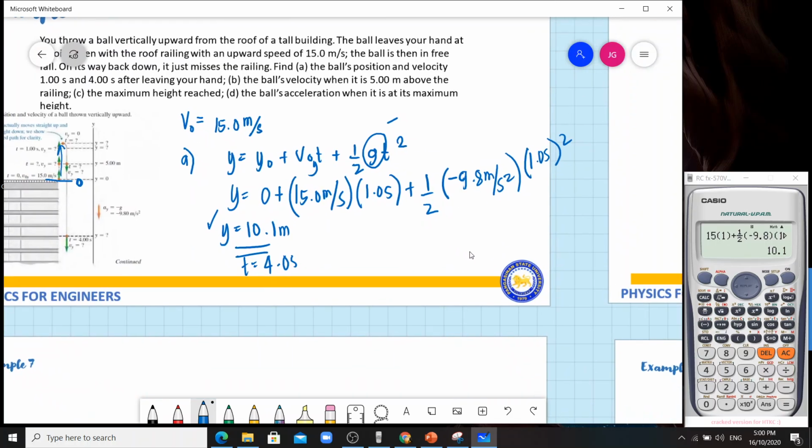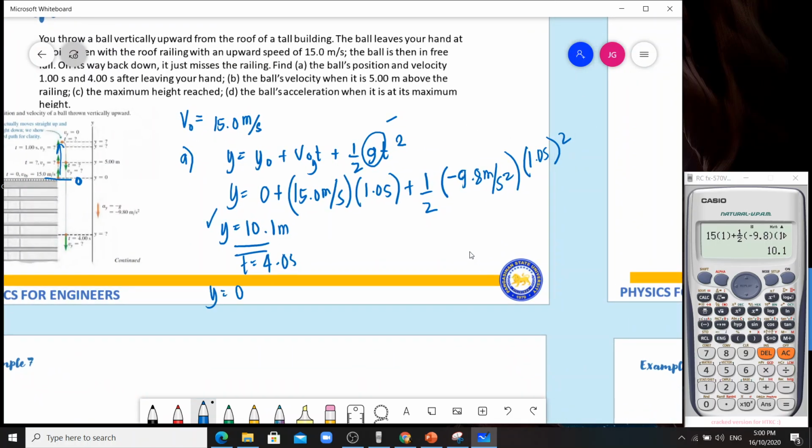So, papalitan lang natin yung equation ng 4 seconds. 0 plus 15 times 4.0 plus 1 half, negative 9.8, 4.0 seconds squared. Okay? So, 15 times 4 plus 1 half, negative 9.8, and then 4 squared. Okay.